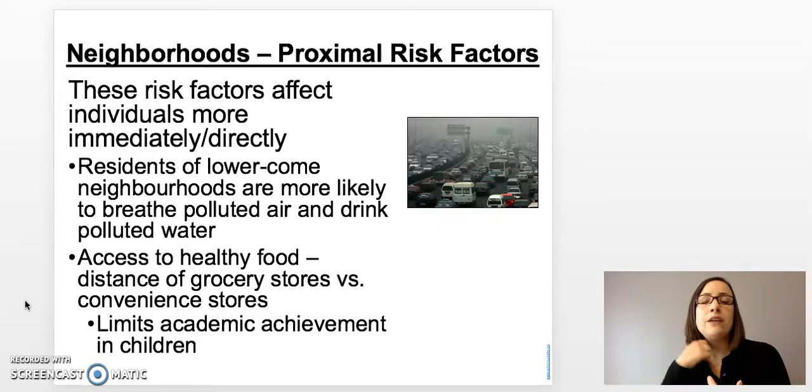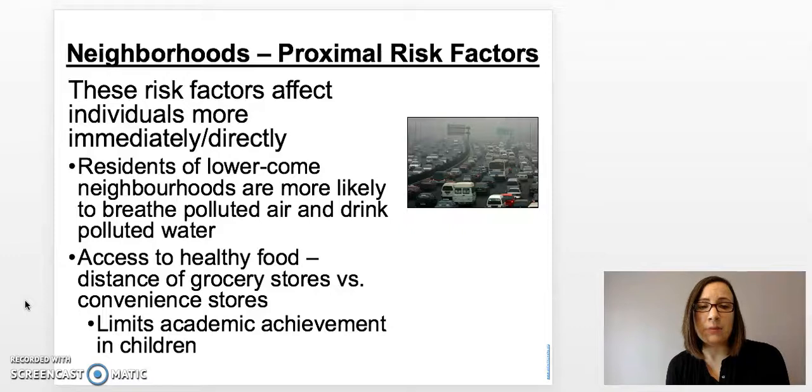Now, we also have proximal risk factors. If a risk factor is more proximal, it is more immediate or acute. It's felt more directly. So again, looking at a lower income neighborhood, what we see is that these are neighborhoods that are more likely to be exposed to polluted air and water. Again, a lower income neighborhood might be closer to a highway, a freeway, train tracks, things like that, right? Where we know that environmental hazards and spills happen a little bit more frequently.